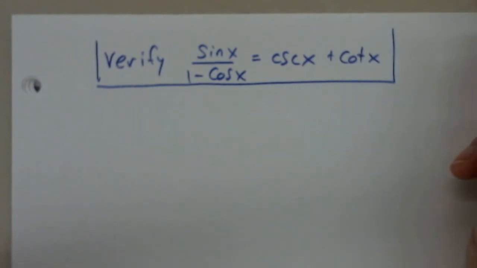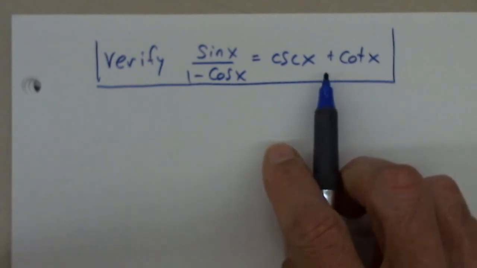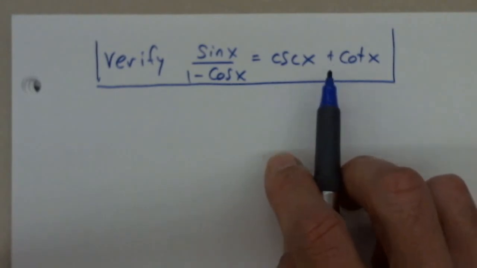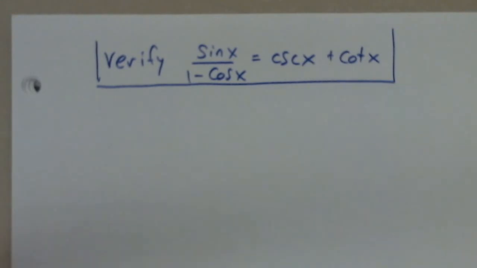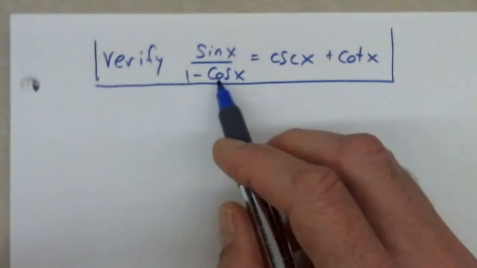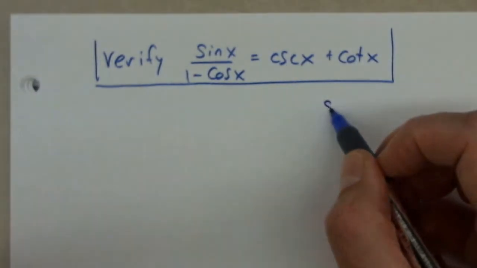All right, try that one, pause the video. You could work on either side. I'm going to work on this side. Never mind, I'm going to work on that side. All right, so we see sine, cosine, cosecant, cotangent.